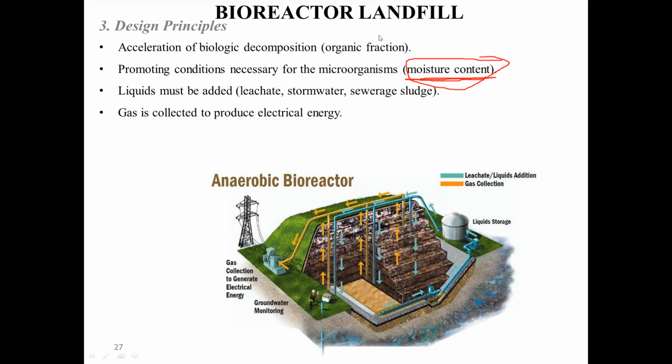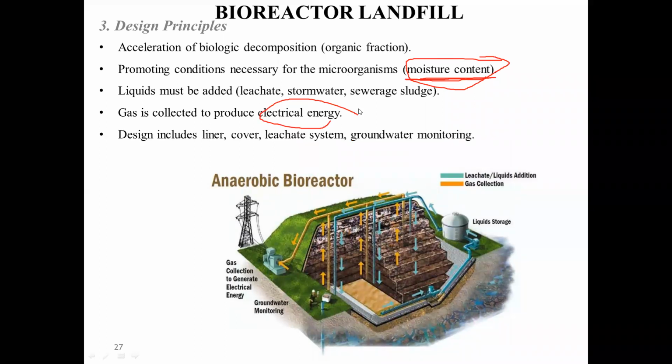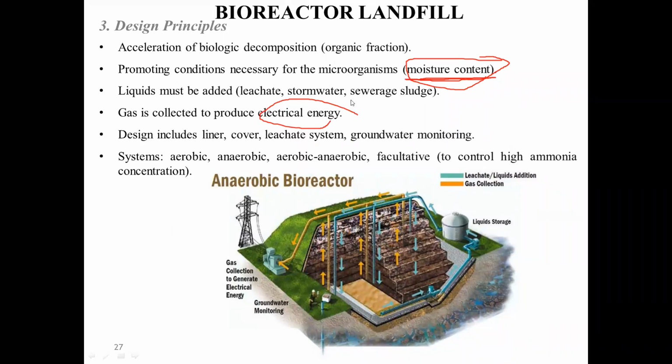Then whatever gases are collected are going to be taken for the production of electrical energy. Then you are going to be designing the liners, right? Liners which are going to be used for covering the leachate system, which we have seen, and also the groundwater monitoring system. The systems might be anaerobic. Here you have an anaerobic bioreactor, because you are not providing oxygen over here.